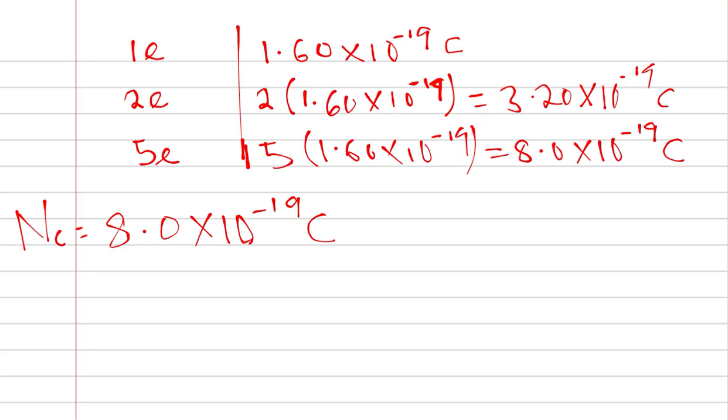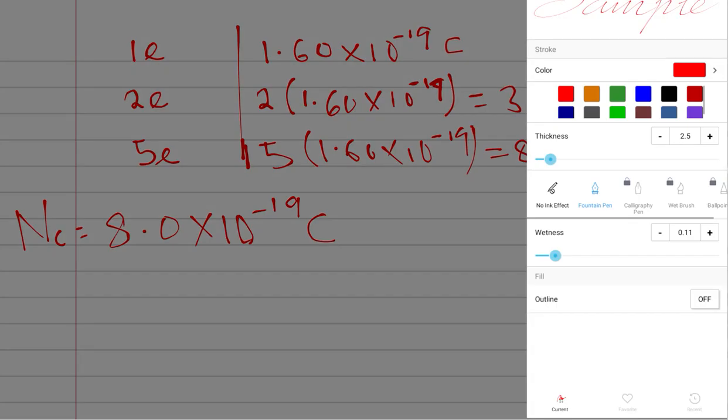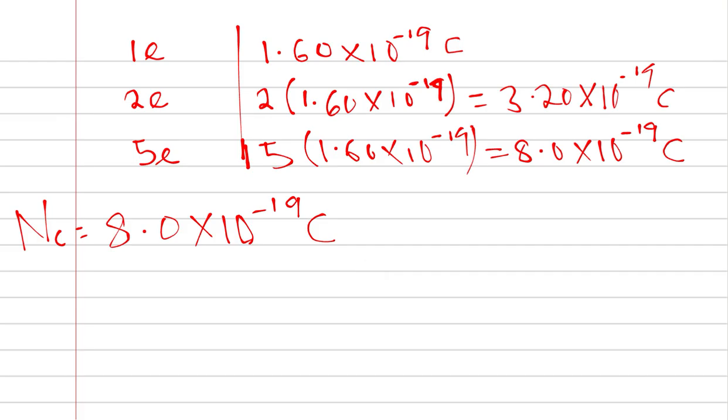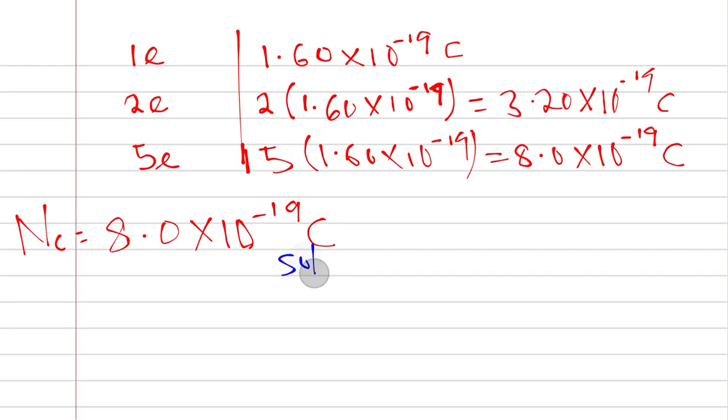Very simple. You just have to do primary school mathematics. How do we do it in primary school? We say solution. You want to find the number of charges. Don't forget, 1 electron costs 1.60 times 10 to the power minus 19.